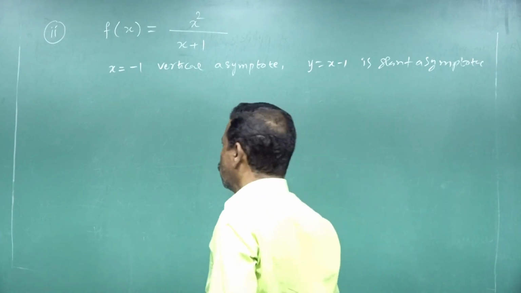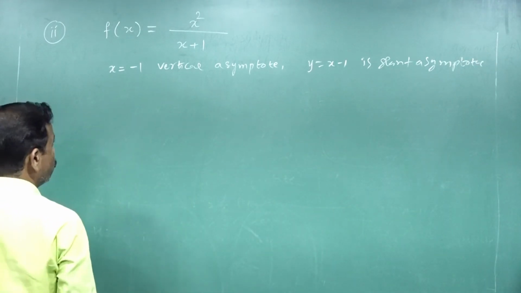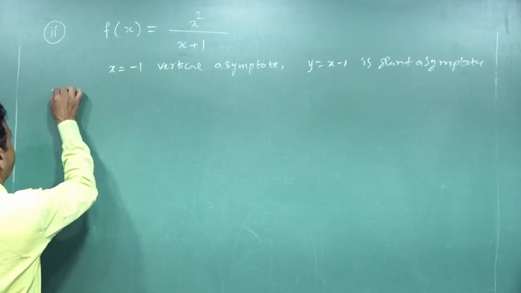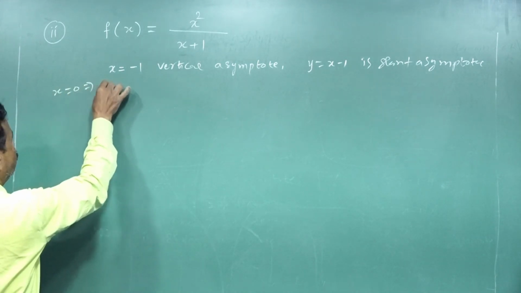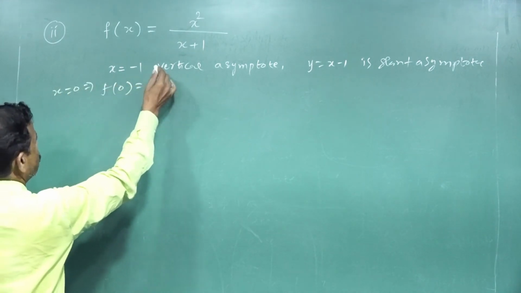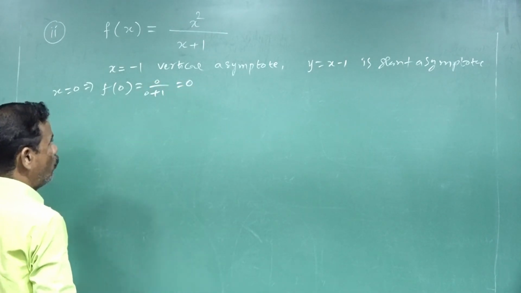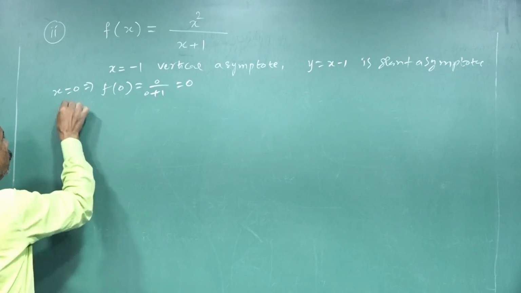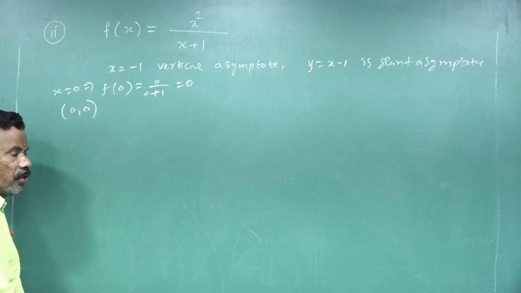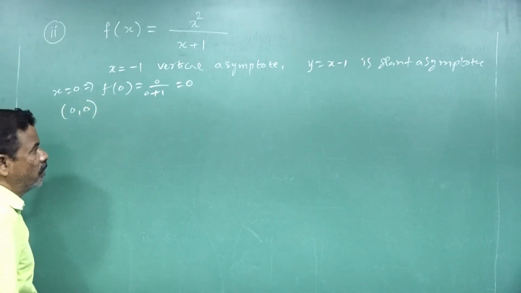Having these two, now coming to the graph. Before going to the graph, at x is equal to 0, f of x is 0 by 0 plus 1, which is equal to 0. So this curve passes through the origin (0, 0), one point on the curve.